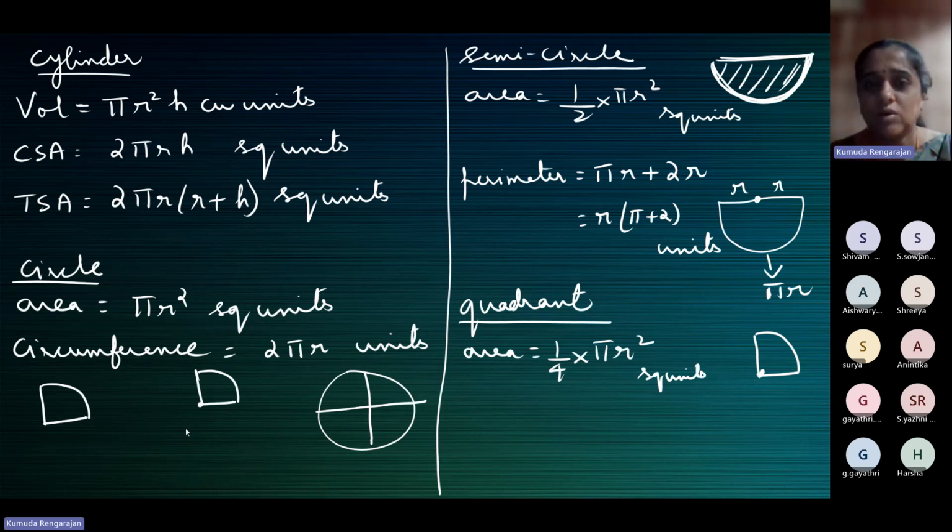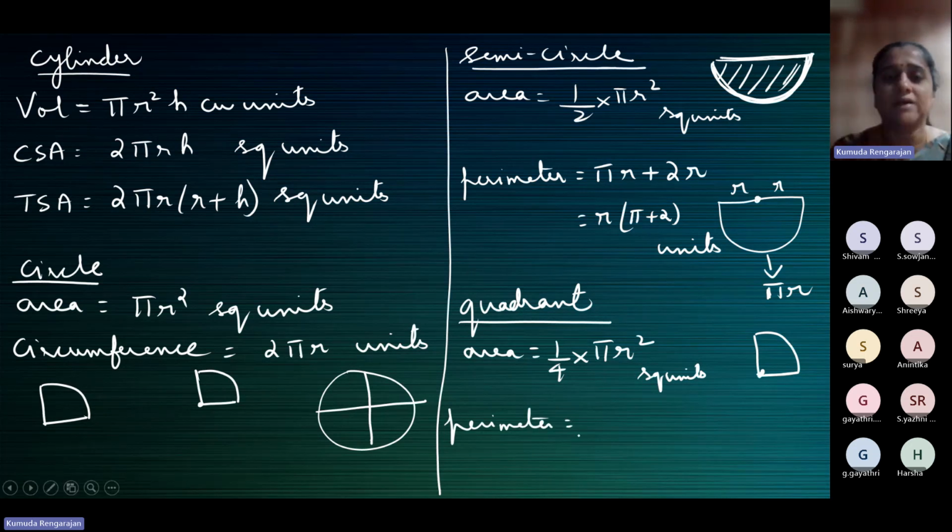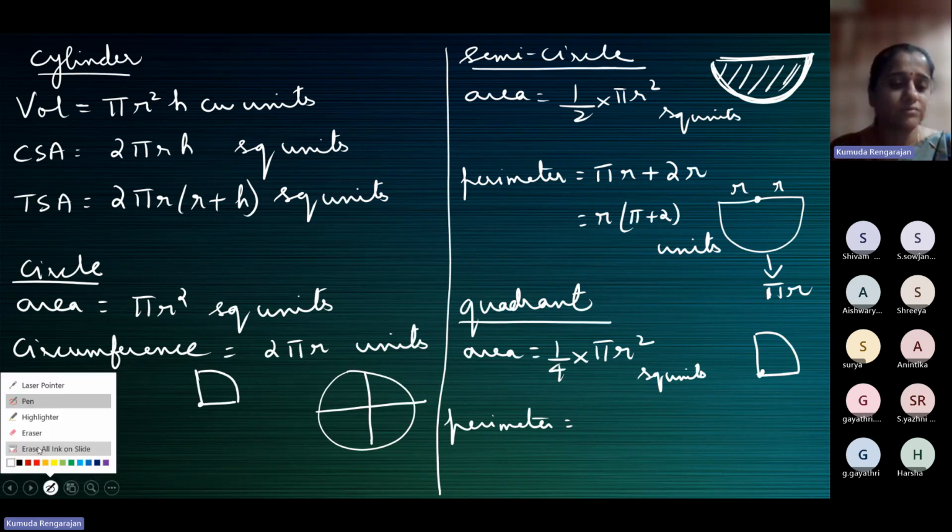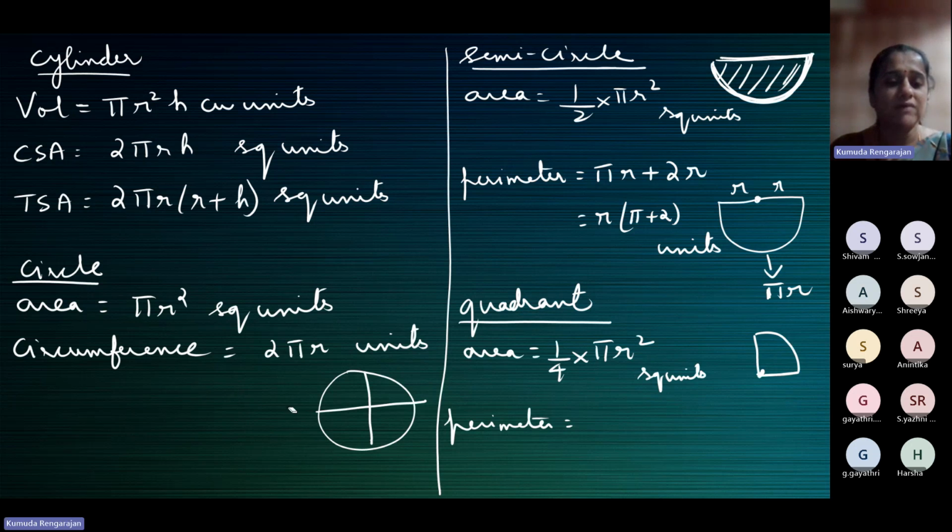Area is 1/4 of the area of the full circle, 1/4 into pi r square units. Perimeter of a quadrant is bounded by 1 arc. The length of that arc will be 2 pi r by 4.